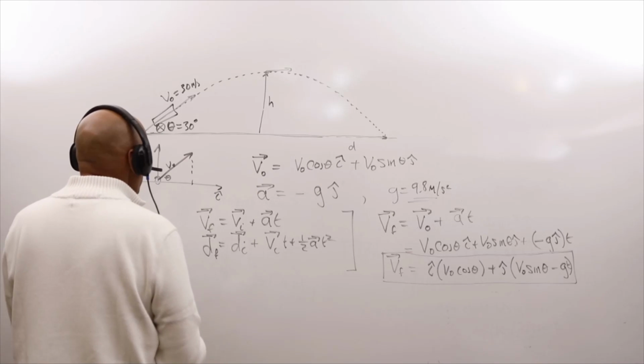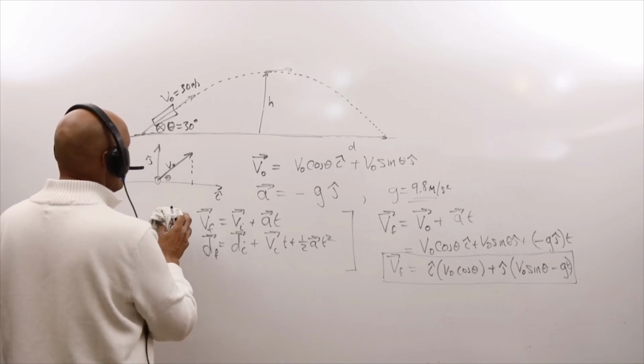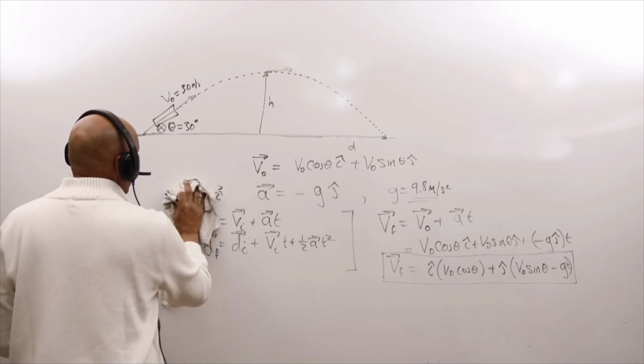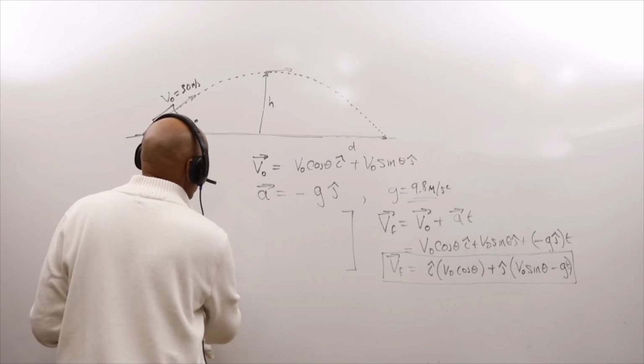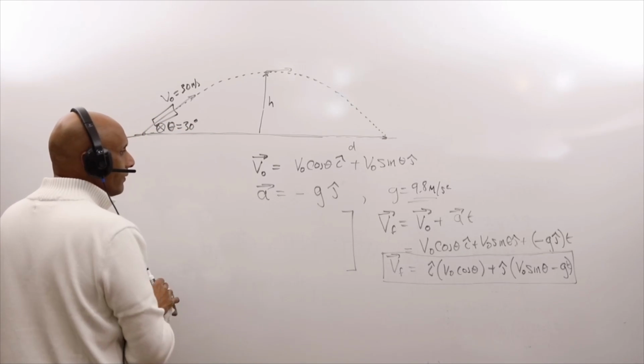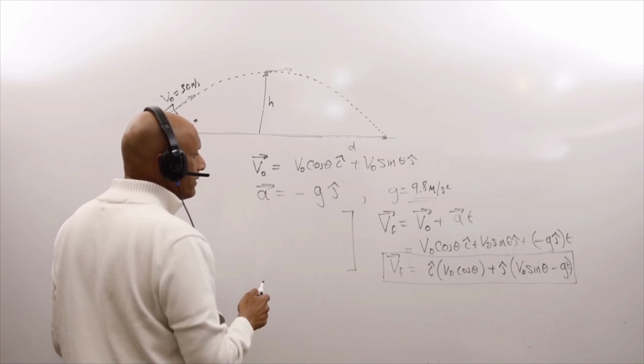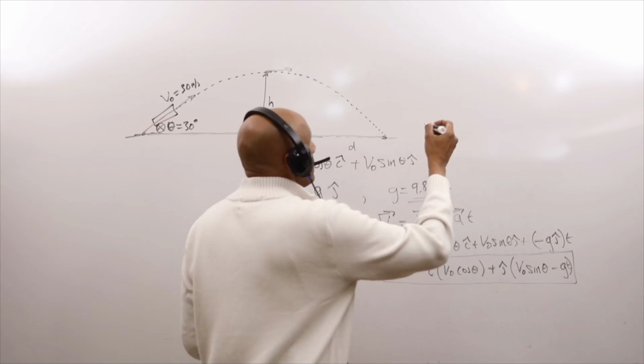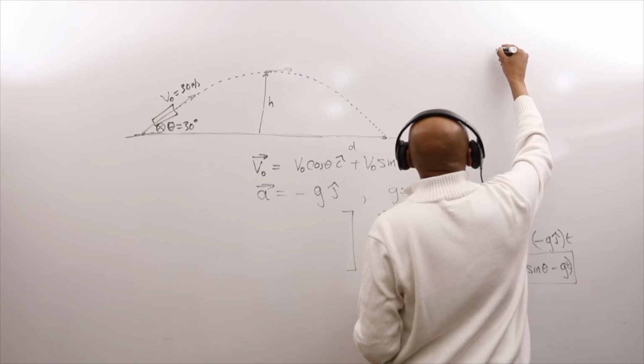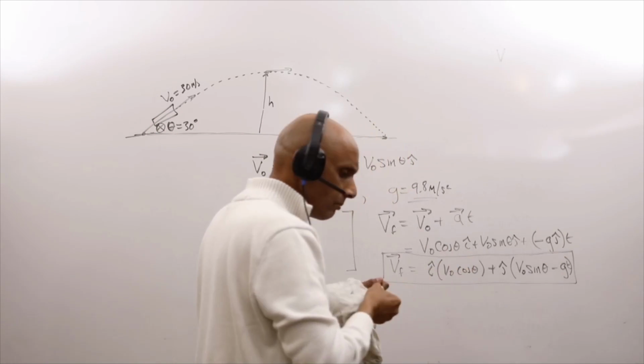So let me erase some things here. I don't think I really need this diagram anymore. And I should write these over again because I'll need them. So I'll put on the top left-hand corner, rewriting these. And let me get another marker.